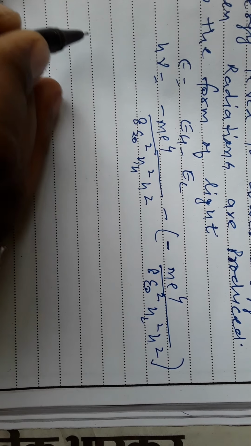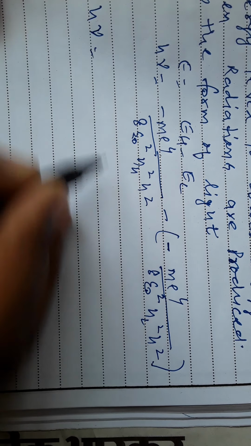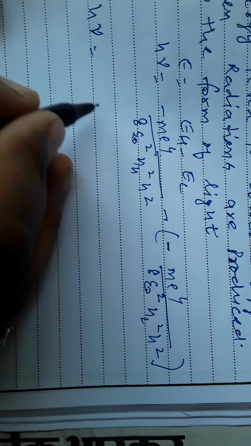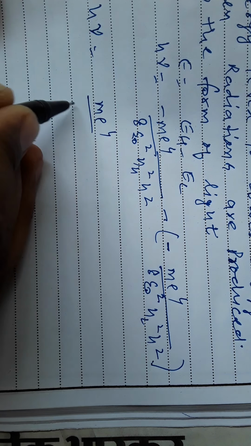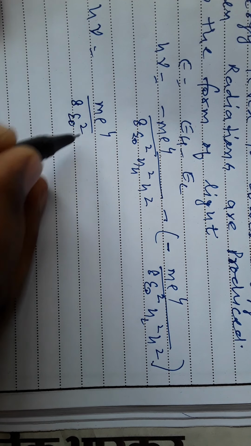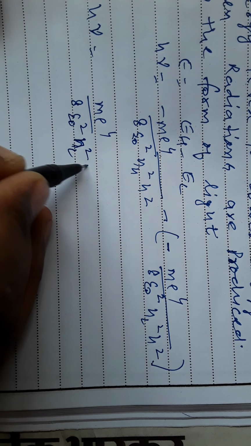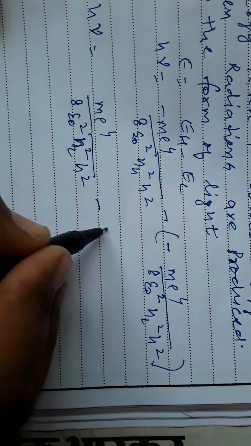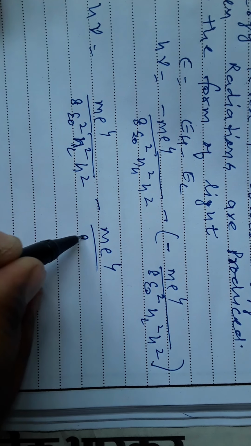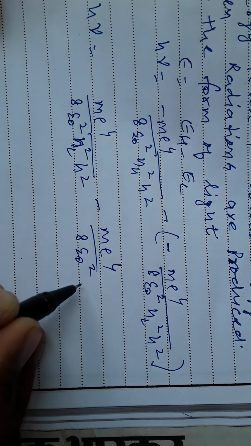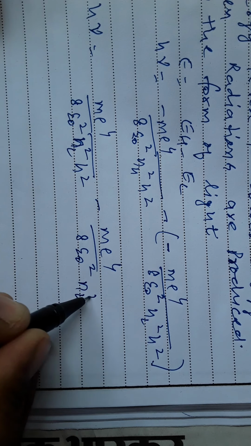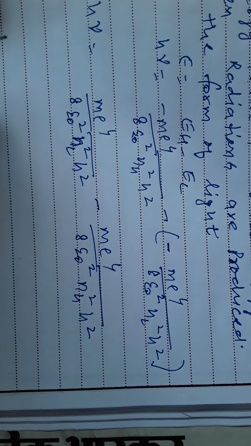Now we can write h nu is equal to plus m e power 4 upon 8 epsilon naught square nl square into h square minus m e power 4 upon 8 epsilon naught square nh square into h square.